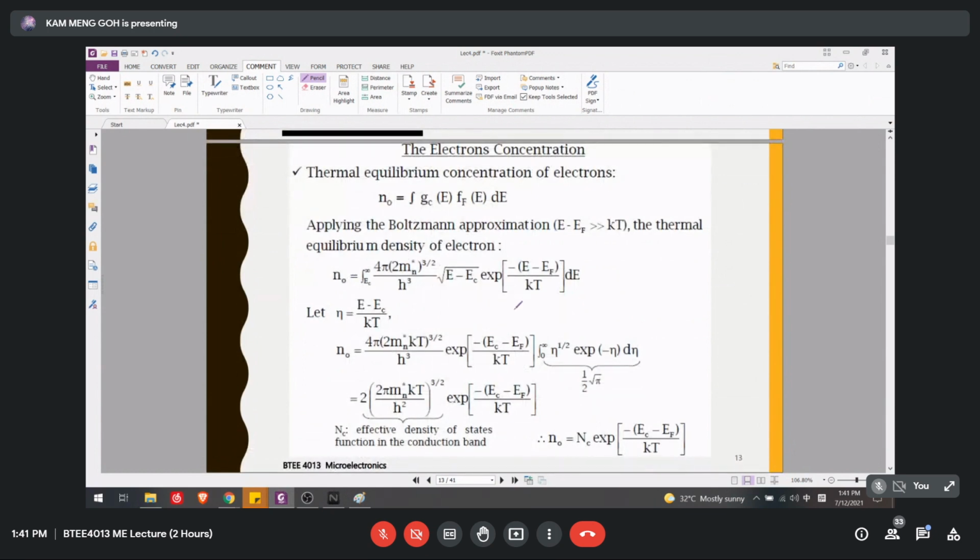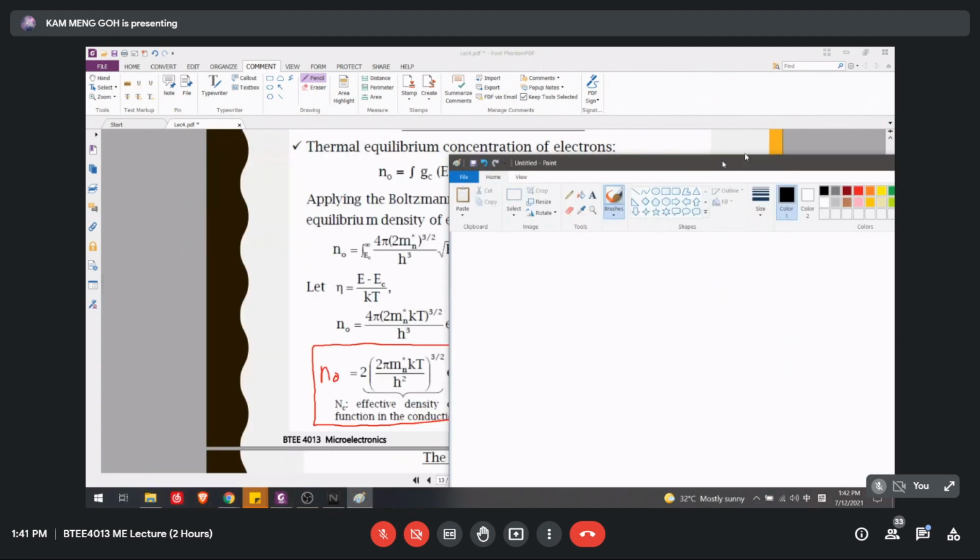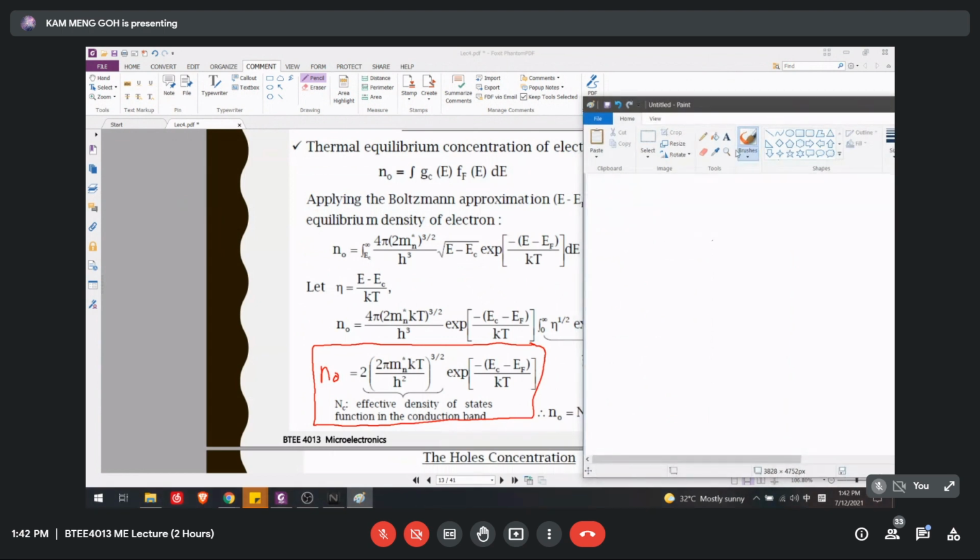The important thing that you need to know is this: your n0 will be equal to this value. This is the ultimate equation that you have to know. So let me write the formula here. The integration part, you can go back and integrate, no problem, but I won't explain it because it's a waste of time and it's not that important. The important thing is the result.